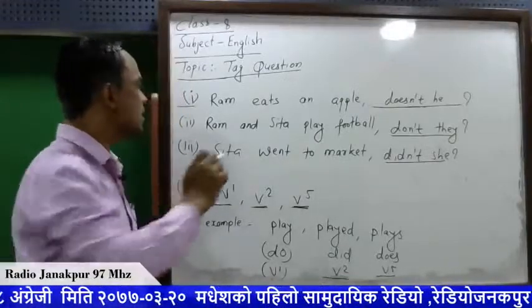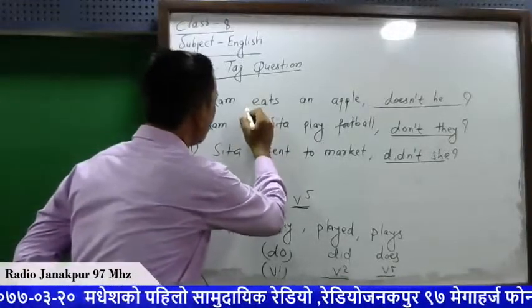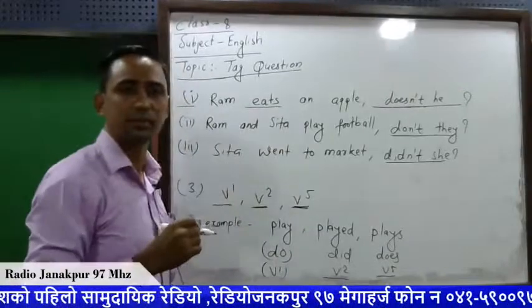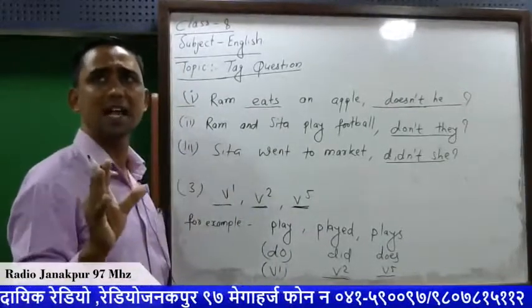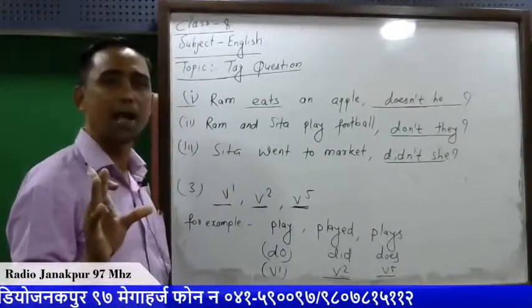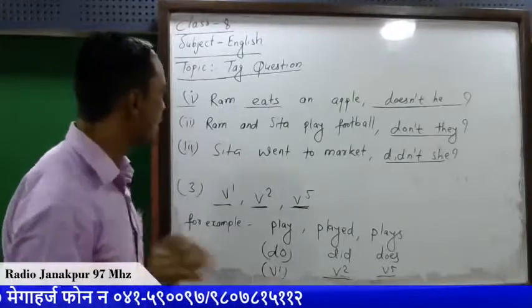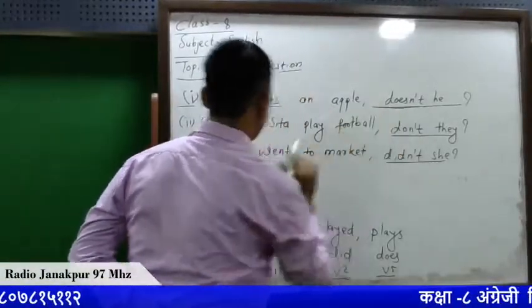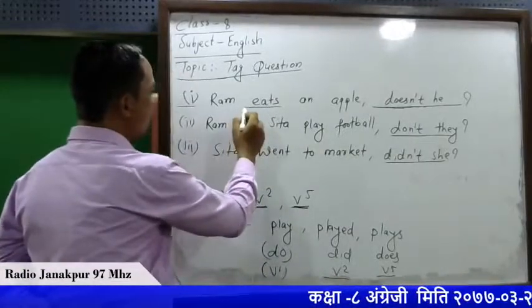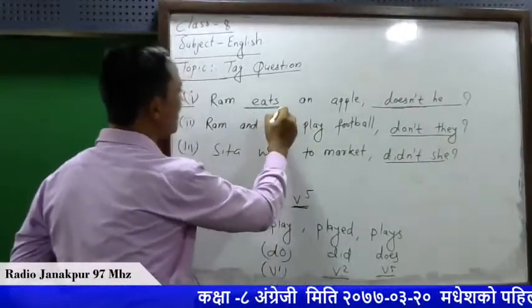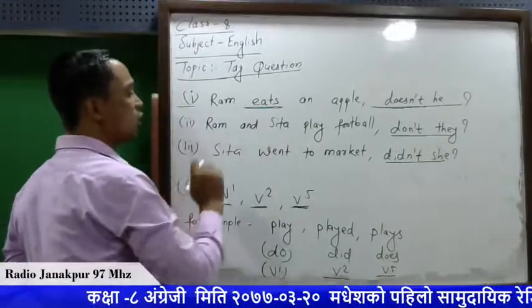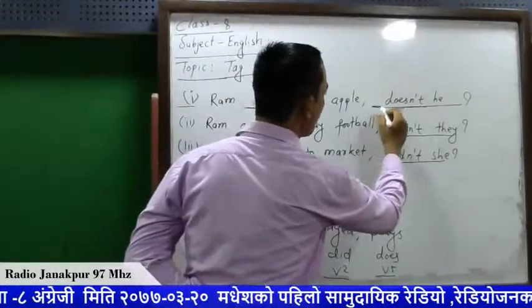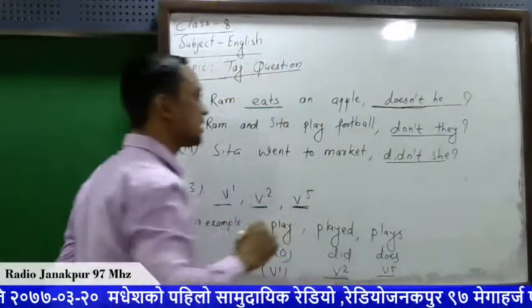Here is a verb and it is eats. Now we have to understand that eats is a V5, verb 5, and that's why we have taken the help of does verb. Here is positive form of it, and that's why we have written negative form of does. It is doesn't.